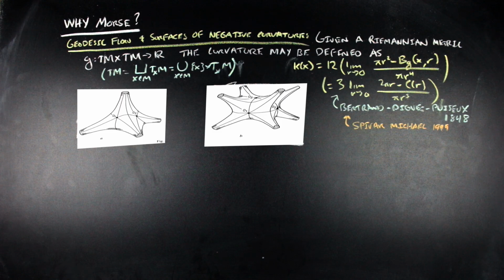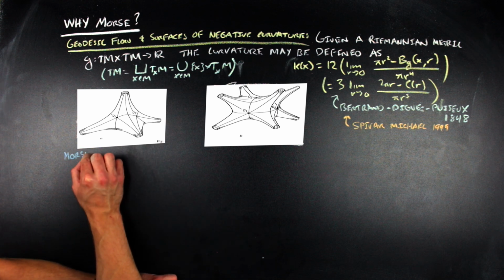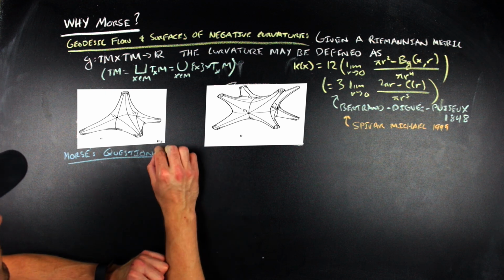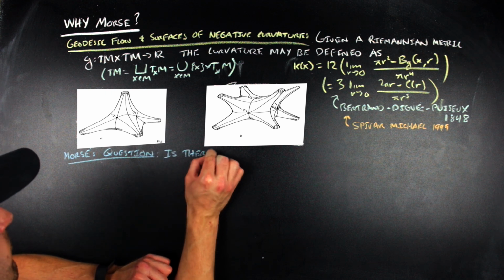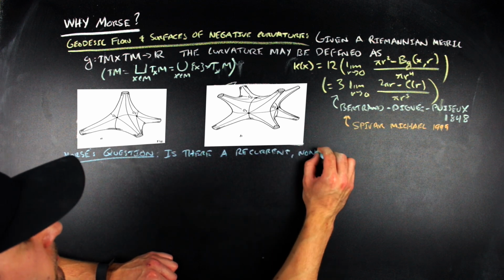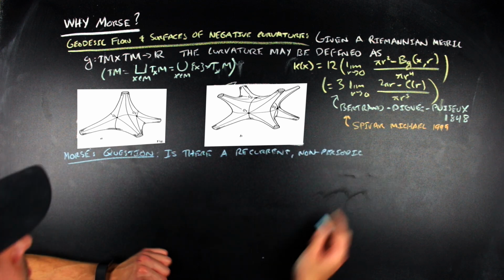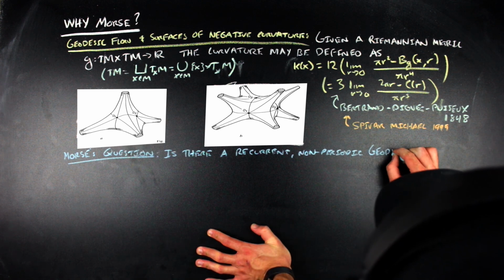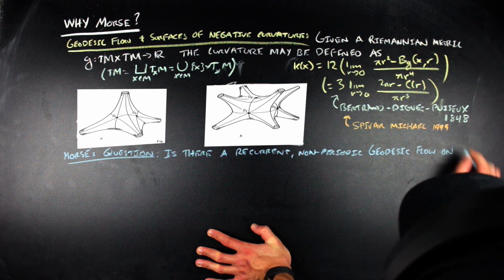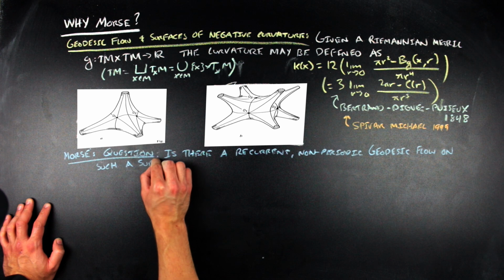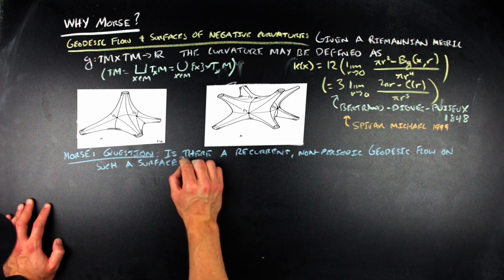But when you have negative curvature, the geodesics are kind of weird, and that's what Morse was investigating: how can you walk around these surfaces along geodesics? And what Morse finds is that you can actually walk around these surfaces in a recurrent manner, and that you return to the same blocks, or you follow along the same segments of geodesics infinitely often.